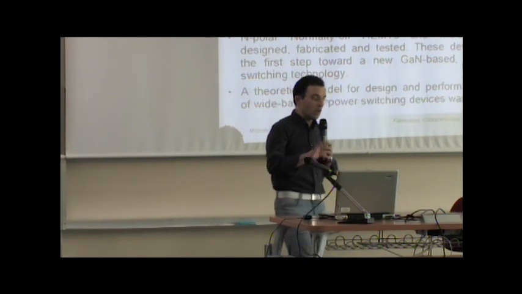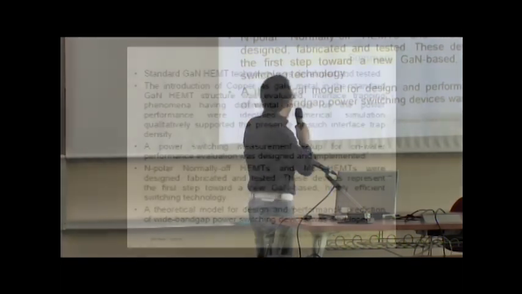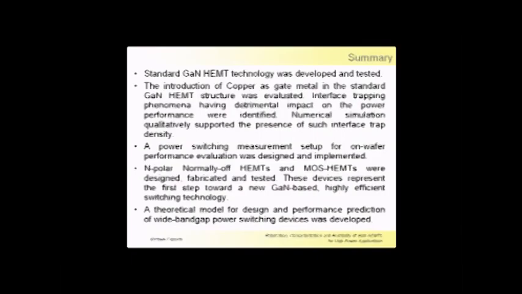So, in conclusion, we developed and tested a standard gallium nitride-based HEMT technology. We introduced copper as gate metal, trying to improve the standard GaN HEMT structure, but what we found is an interface trapping phenomenon affecting the active region of the device, and this trapping phenomenon has been confirmed by means of numerical simulation.